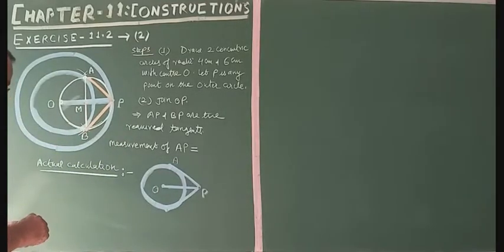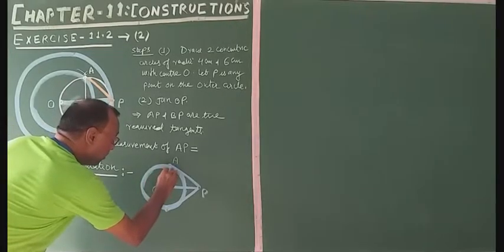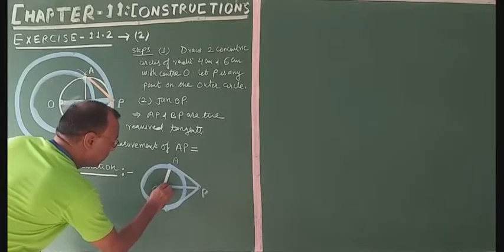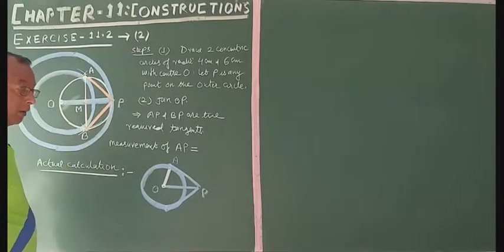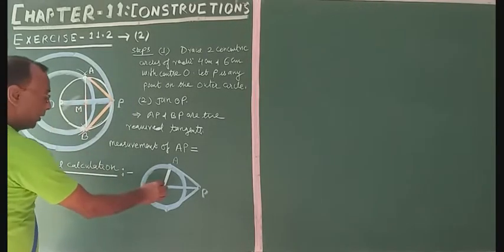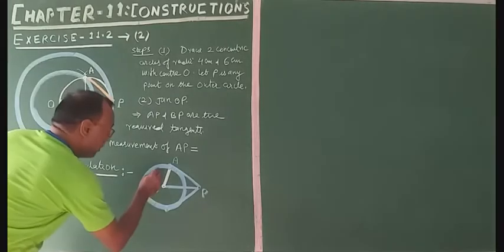Now just look here. OA is the radius of the smaller circle, and that was given as 4 centimeter.